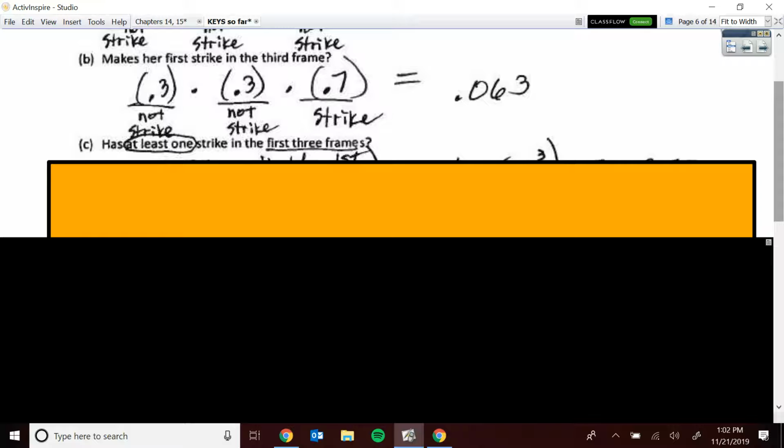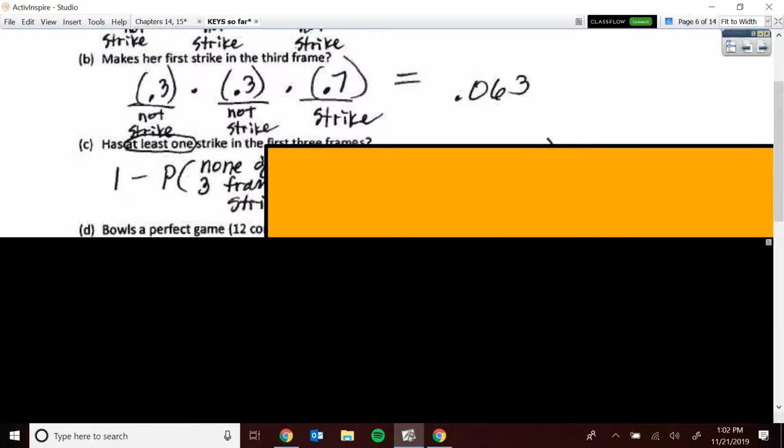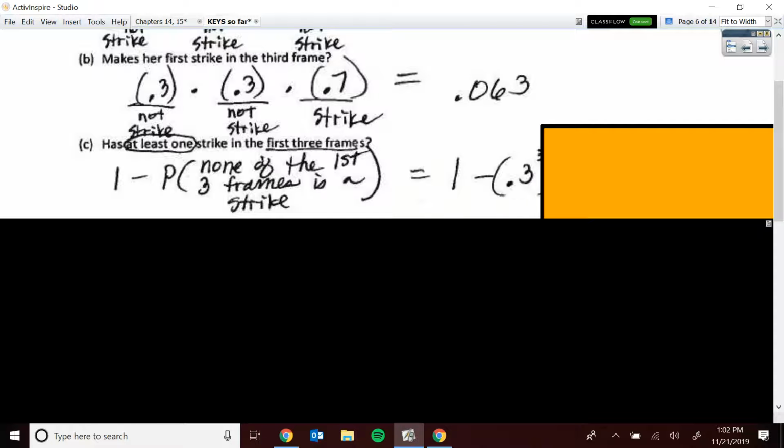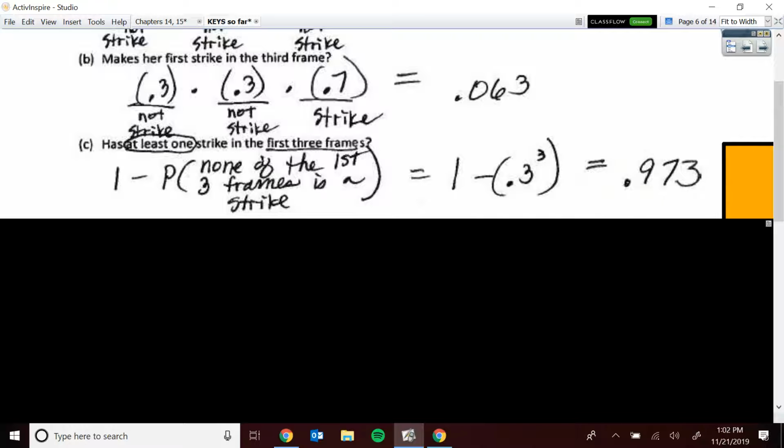Everything but the none. So that should look like this: 1 minus the probability that none of the first 3 frames are strikes. What's not being a strike? 0.3. So that's your 1 minus 0.3 to the third. And so that's how you get your 0.973.